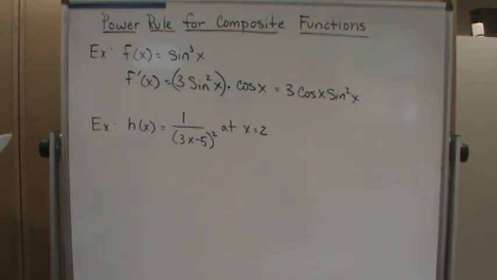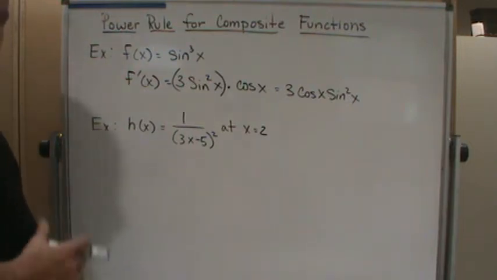So now let's look at the next one. It wants us to find the equation of a line tangent to the graph of h of x equals 1 over the quantity 3x minus 5 squared at x equals 2.